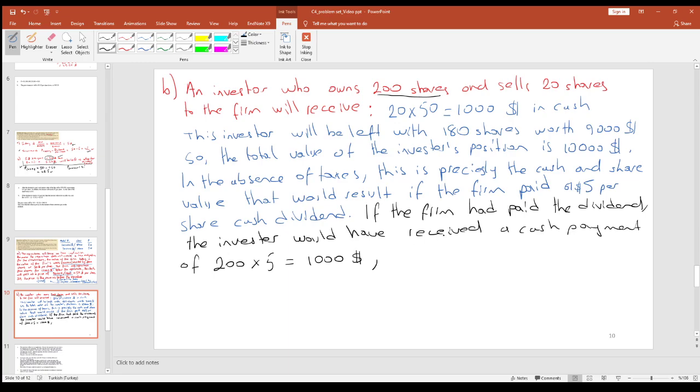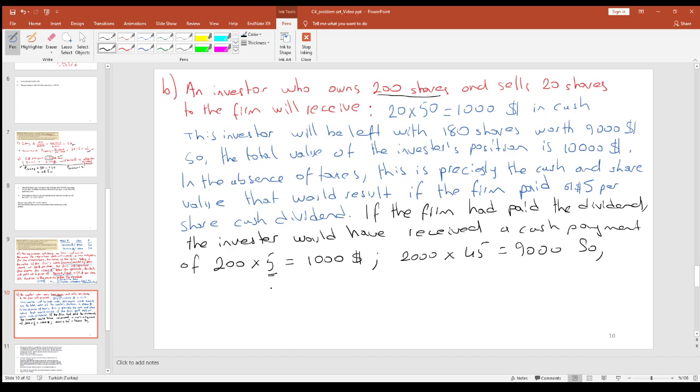Remember, in this case, the investor didn't sell any shares but received a $5 dividend per share. The investor still has 200 shares, but the share price will be 45, not 50, because the $5 cash dividend is paid. That equals $9,000.